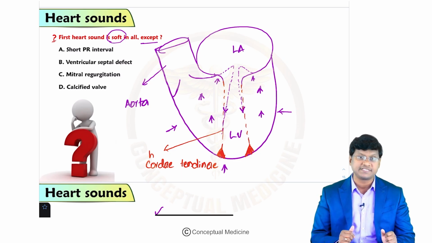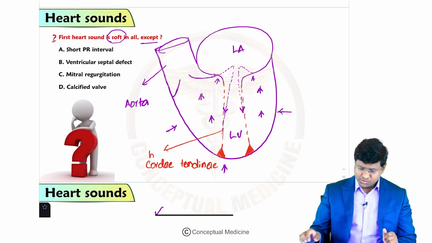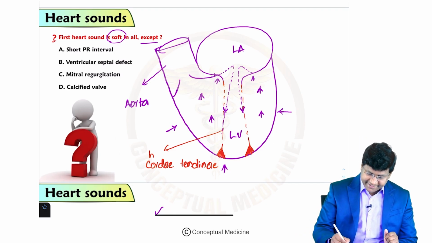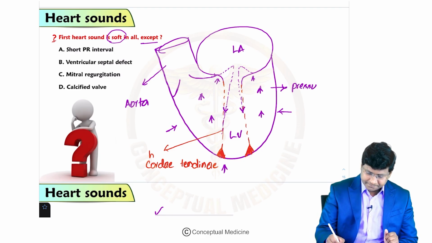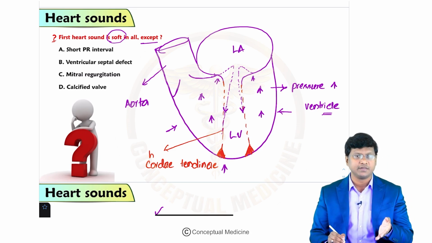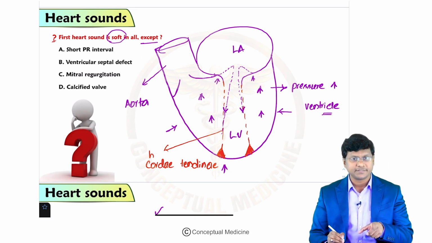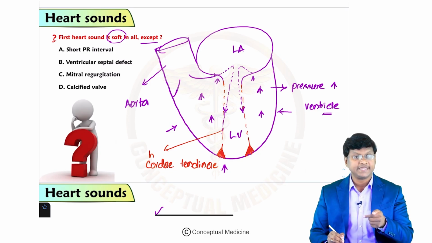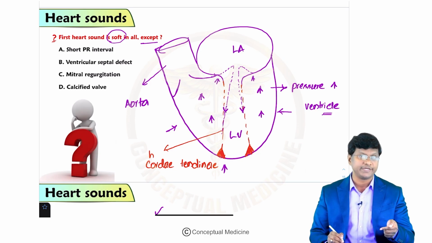So the pressure rise within the ventricle is very important for the development of the M1 and T1 components.